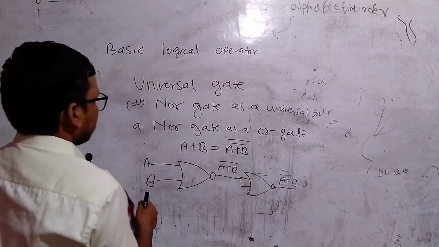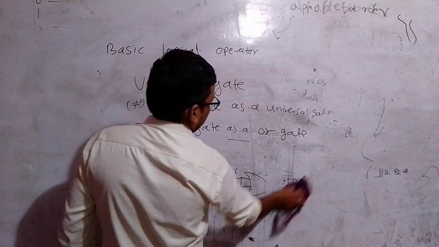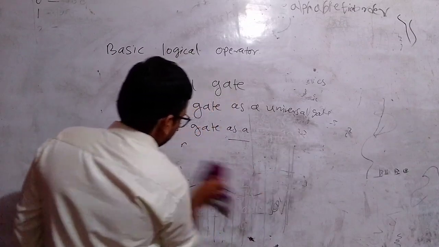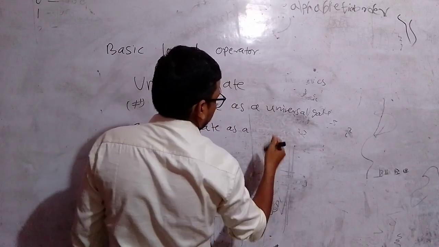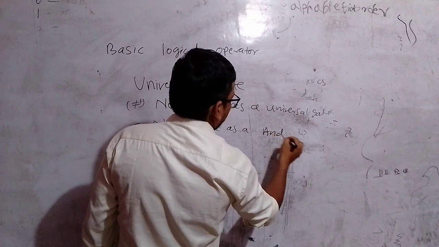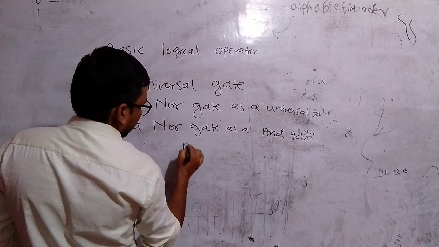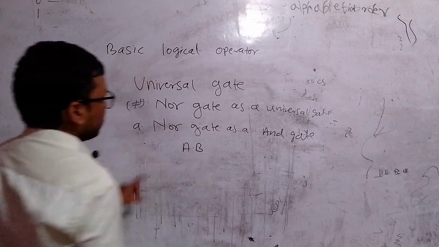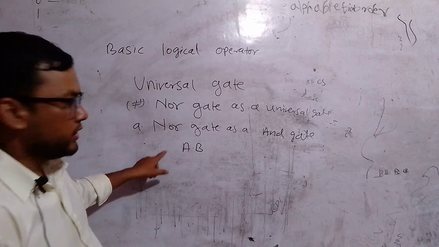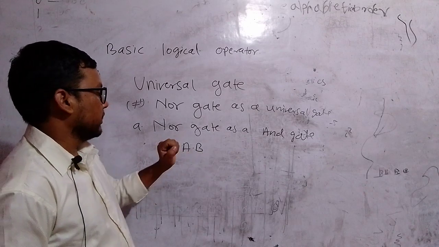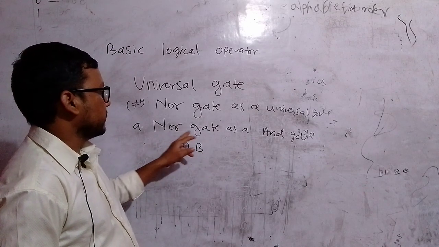Now the NOR gate as an AND gate. How to demonstrate this? For inputs A and B, we need to produce A dot B using the NOR gate.